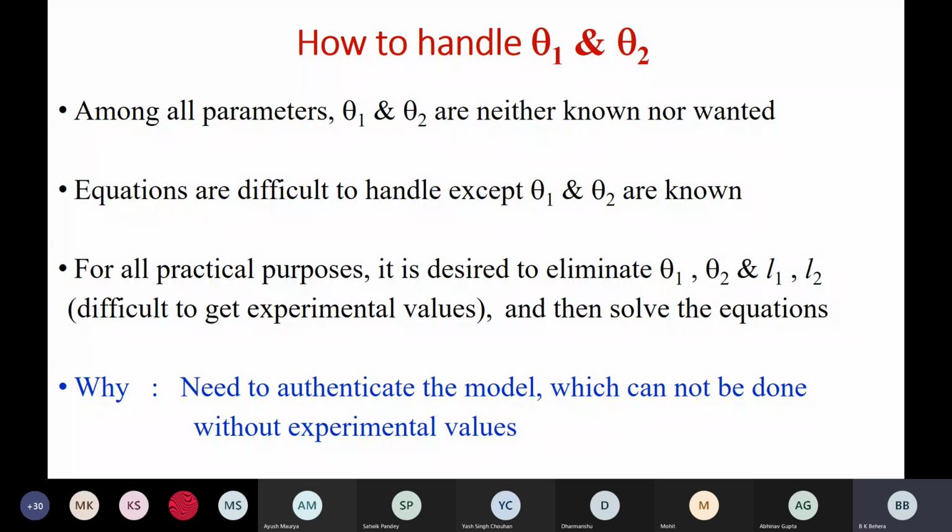The reason is very simple, as I have told you, because we cannot determine these 4 parameters experimentally. And also without these 4 parameters, we cannot solve the equations. So our approach will always be to eliminate these theta 1, theta 2, L1, L2, whatever best possible methods we have. Then easily we can solve the equations, and also the results can be authenticated with the experimental values. That's the main idea.